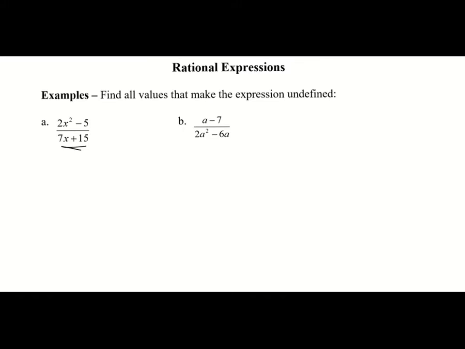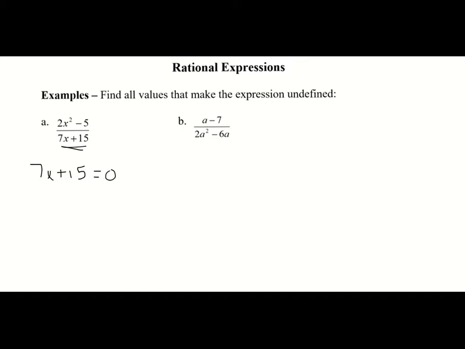And it's only the denominator that we have to worry about being 0. So to figure out when our expression would be undefined, we're going to take a look at our denominator, and we're only going to worry about the denominator. So for A, I have 7x plus 15, and I'm going to set it to 0 and solve that equation because I want to figure out, well, what will make it equal 0?